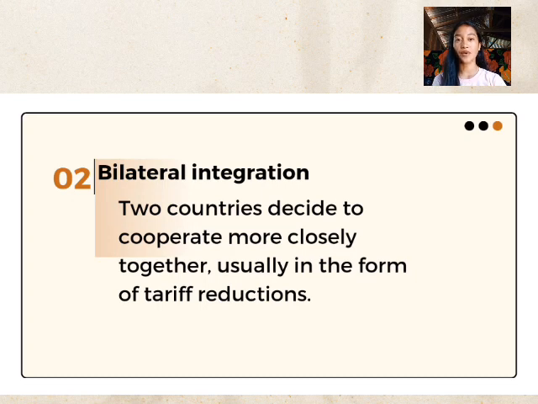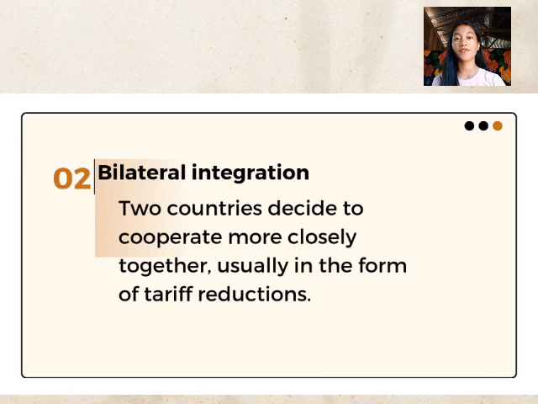Number 2, bilateral integration. Two countries decide to cooperate more closely together, usually in the form of tariff reductions and other trade-related benefits. One specific example of bilateral economic integration is the European Union and Turkey Customs Union. This agreement, which has been in place since 1996, allows for the free movement of goods between Turkey and the EU member states.